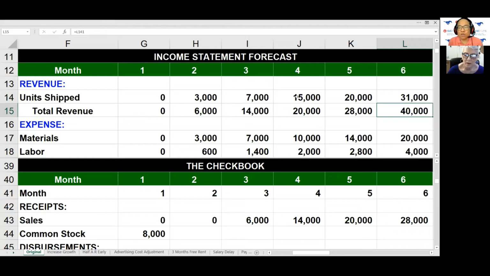And you said we can do all of this without increasing our marketing expense? Without increasing our marketing expense. So that sounds like quite a deal. Let's do it. All right.